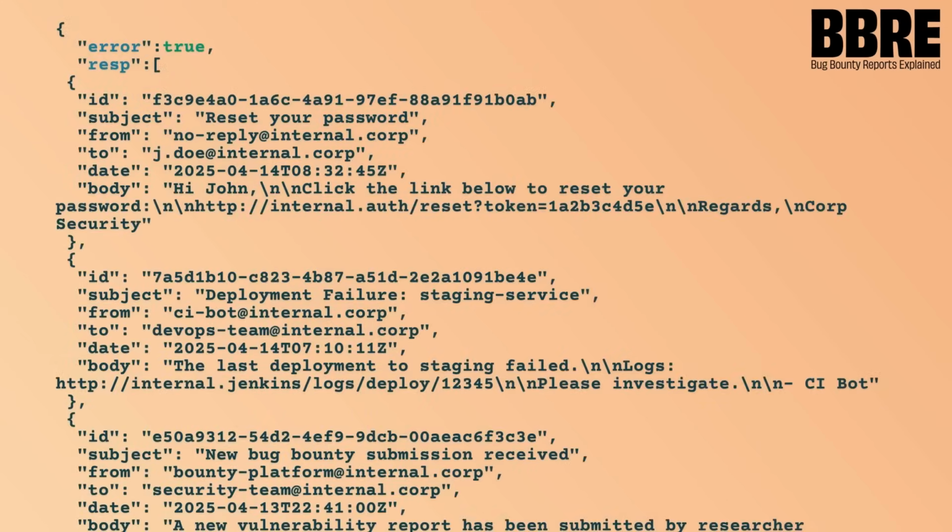I was like, that's interesting. It was a JSON of emails that were sent, not my emails, but a list of emails that were sent by all of the tenants of the product.